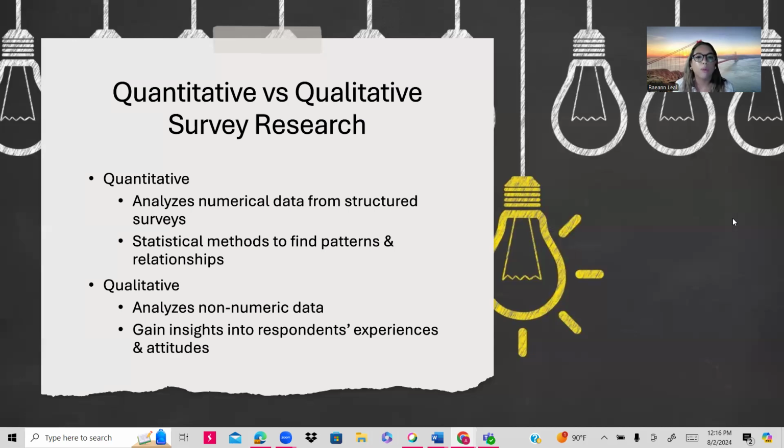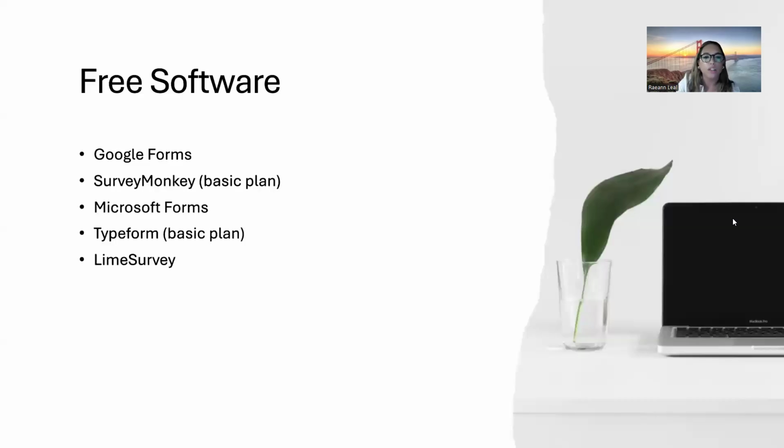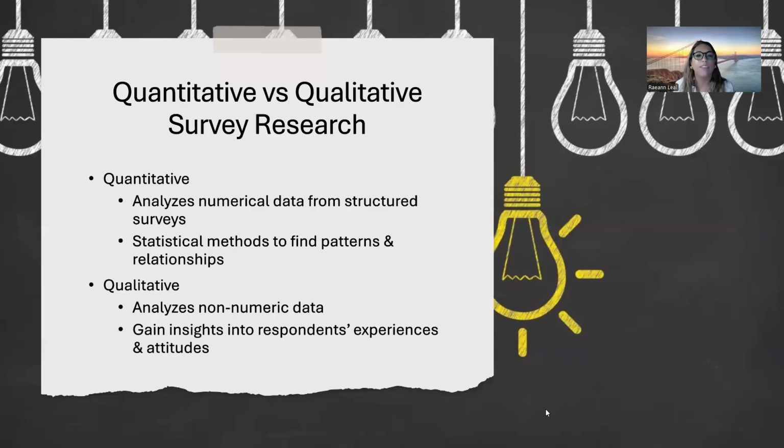Perfect. Okay. So quantitative versus qualitative survey research. I'll briefly talk about the differences between quantitative and qualitative survey research. Quantitative survey research focuses on analyzing numerical data from structured surveys.